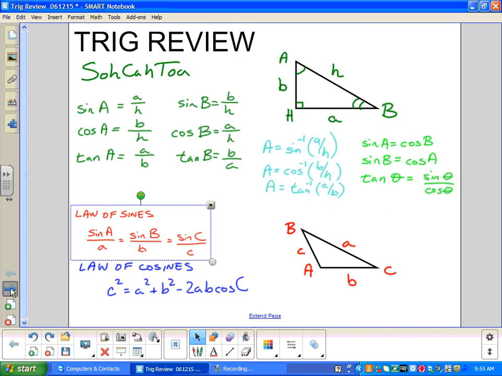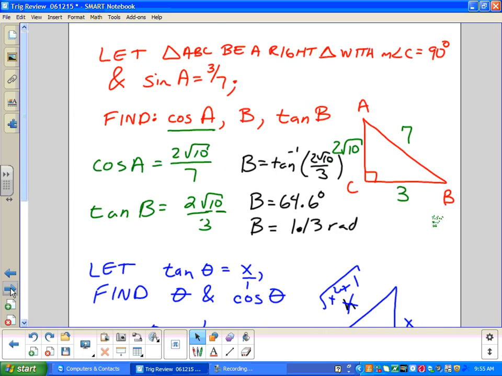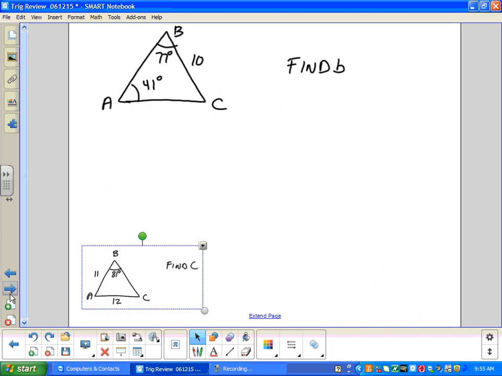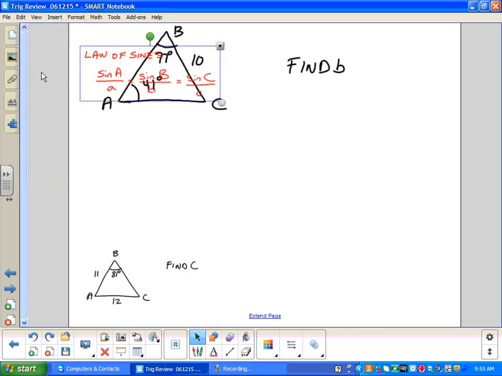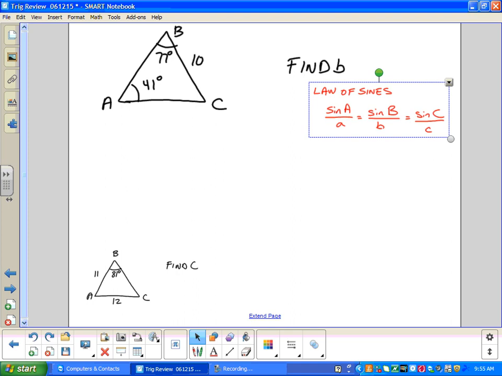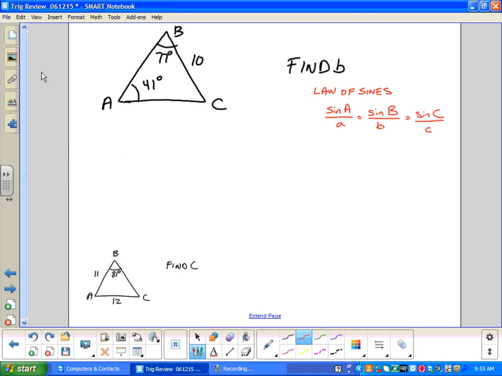So I can copy that. Let's take it up here and put it on the board for us. You really should know this. It should be familiar. So it's find b. This is pretty easy. I'm going to use A. So sine of 41 degrees over 10 equals sine of 77 degrees over b. And remember that the big letter indicates the angle, the little letter across indicates the leg.